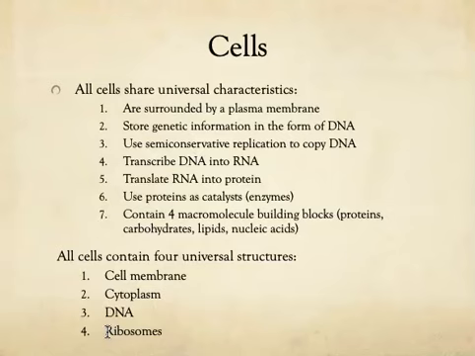Remember, only eukaryotic cells have organelles, so that tells you something. That tells you that ribosomes are not technically organelles. Ribosomes are found in all cells, both prokaryotic and eukaryotic.